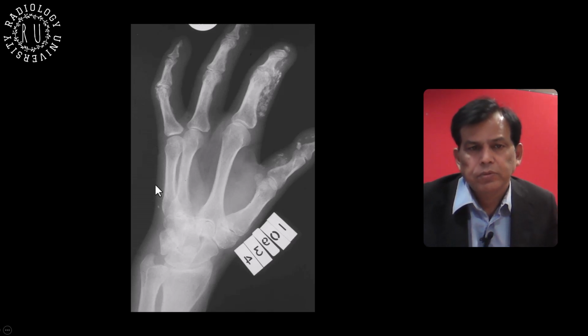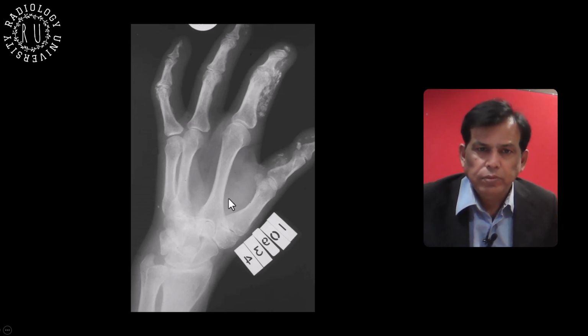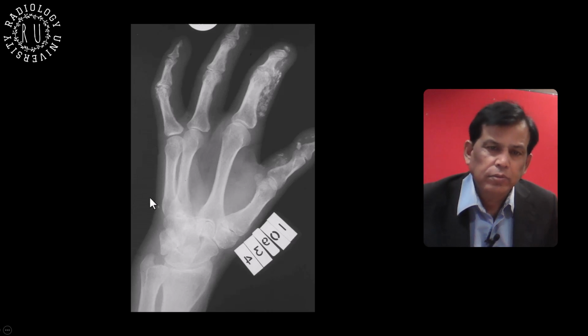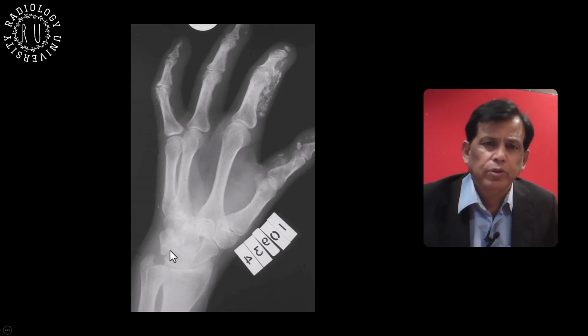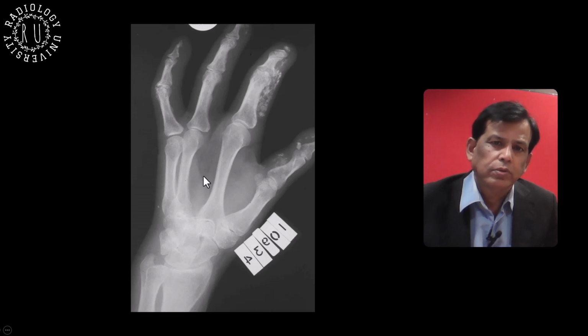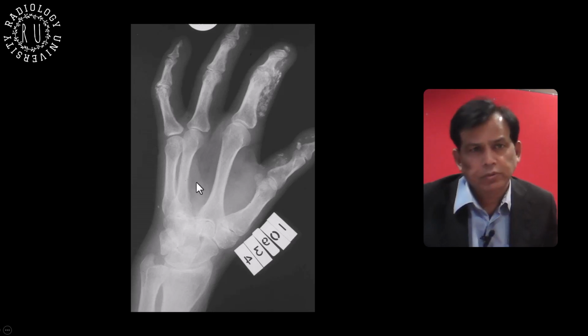When I start to count, I cannot see all five metacarpals. Very good. So what has happened? The third one, the ring one, is not visualized because there's a prominent space between the second and fourth metacarpal.